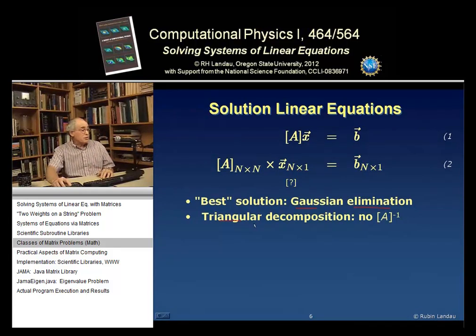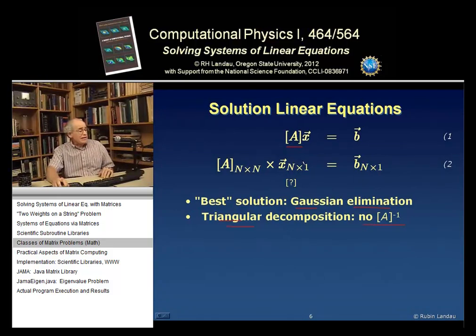So you end up with a triangular matrix because you're successively eliminating one variable, and that's also called triangular decomposition. So the advantage to Gaussian elimination is that you never explicitly have to calculate the inverse of A, the matrix of coefficients here. Okay? So it's the most robust and the fastest way.